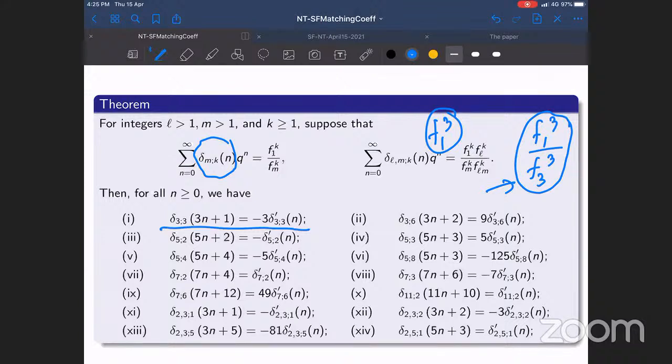Similarly, squaring that 3 dissection, we can get another formula for F1 power 6 divided by F3 power 6. So similarly, if we take m equal to 5, that means F1 power k over F5 power k. That means F1, F5 form. Okay. So then we take squares, and then we get more results.